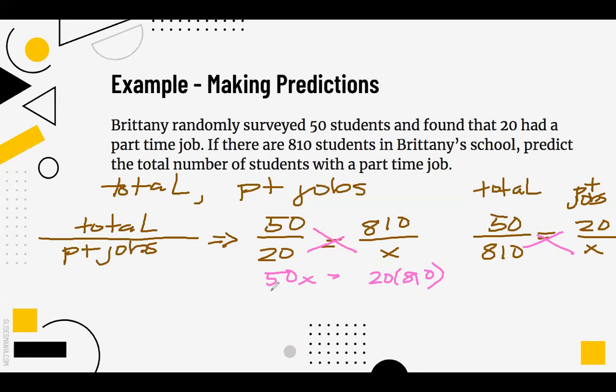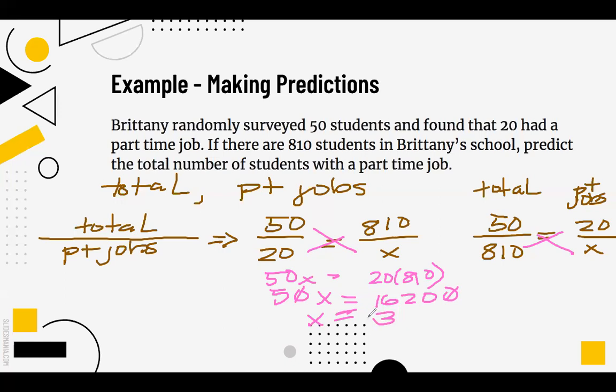So then if I go through and solve this, I have 50x is equal to 8 times 2 is 16, 200, all right? And then X would be equal to, we'll take those off. 16 goes into 5 3 times.